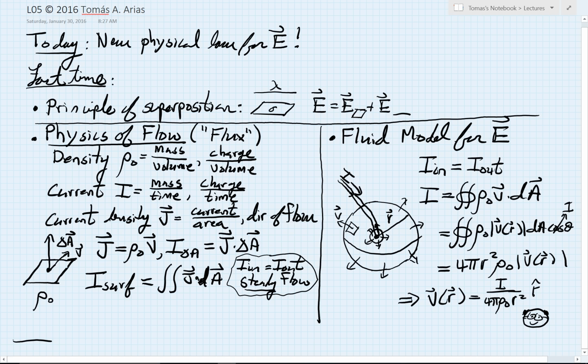Now, we can put all of these various definitions together as we consider a physical situation where we had some fluid of density rho naught, which was flowing with some velocity v, and we considered how much of that material or quantity is flowing through a particular little tiny patch of area, measured by a vector, delta A vector.